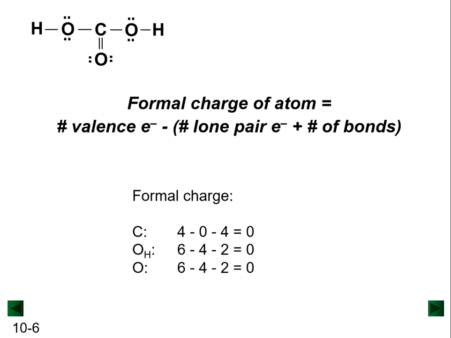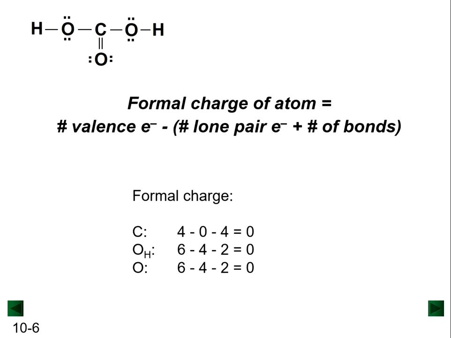The oxygens that have a hydrogen attached to them, we can calculate their formal charge as 6 for the number of electrons in the valence shell for the free oxygen atom. We subtract off the 4 lone pair electrons, and then we subtract off the 2 bonds. That gives us a formal charge of 0.